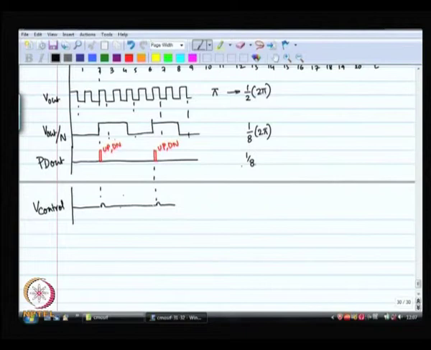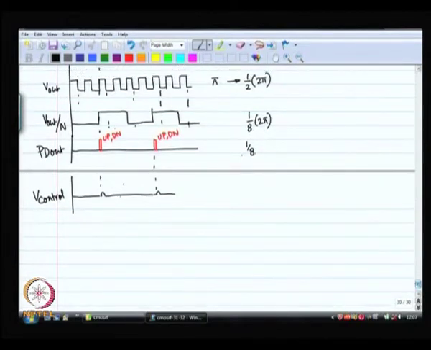Okay. So, there is a little bit of glitch, V control is accumulating a little bit of charge, and at what frequency is this happening? First of all, how much charge is being accumulated? Let us say I have got I 0 plus delta I 0 by 2 and I 0 minus delta I 0 by 2.